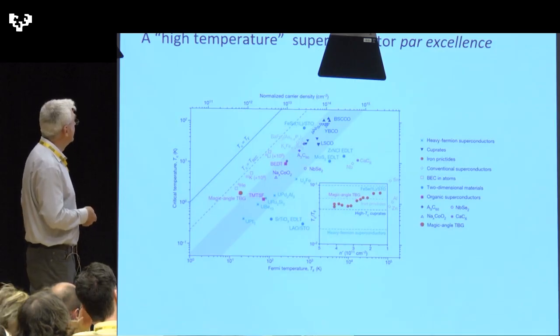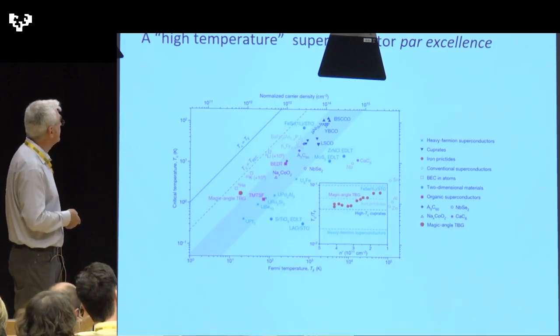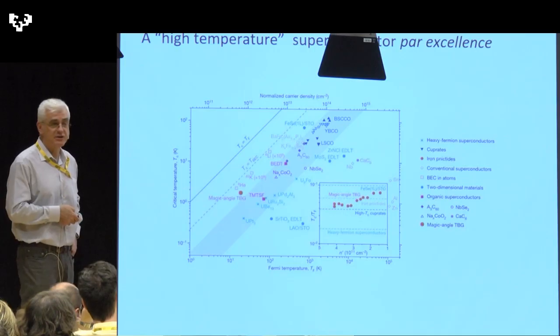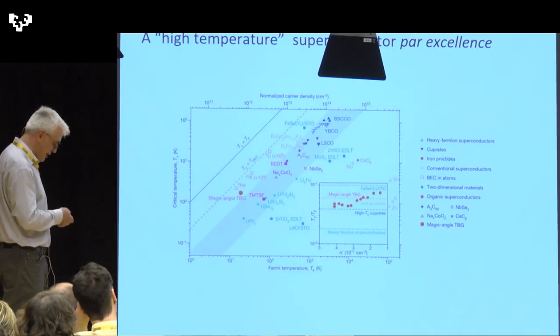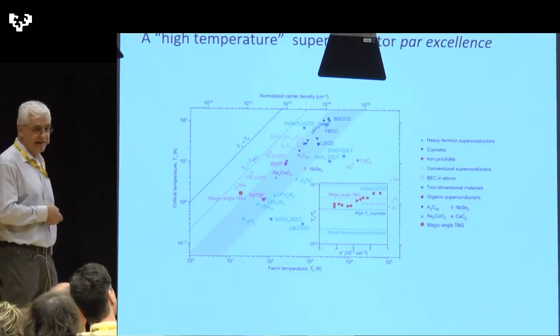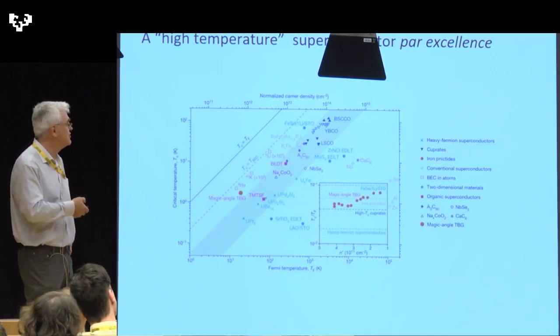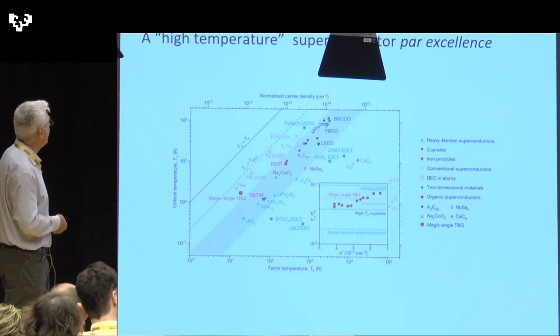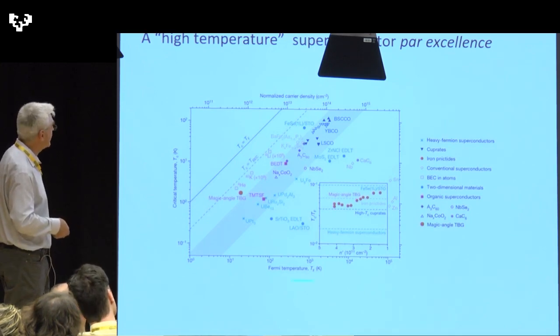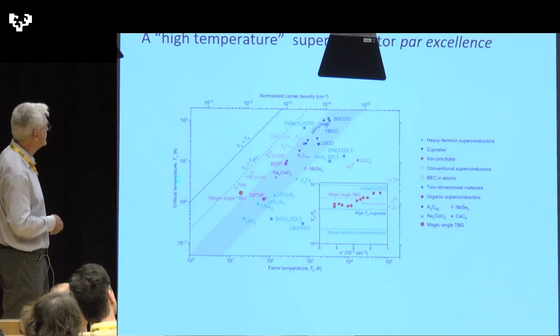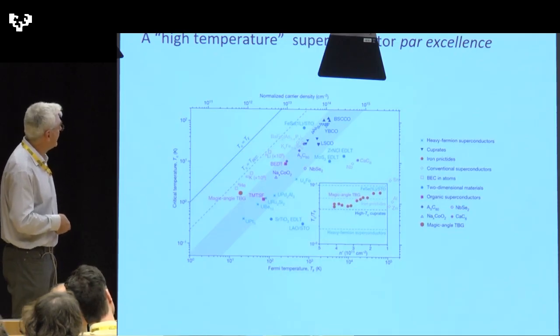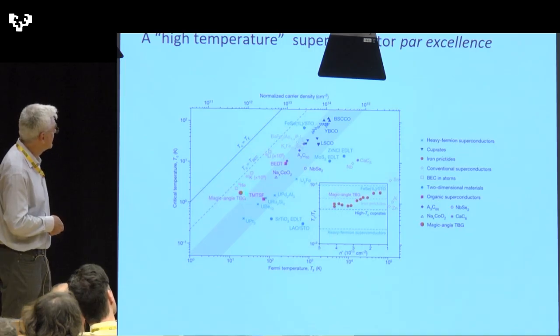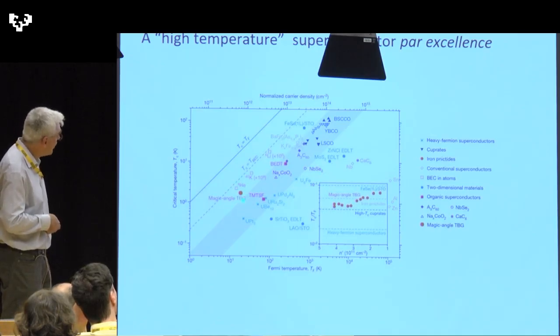In fact, not only is it a superconductor, but it is a high temperature superconductor par excellence. What we mean by this is that if you scale the system's features appropriately, that is, if you scale by the Fermi temperature, so the horizontal axis is the Fermi temperature and the vertical axis is the critical temperature, you find that for this system, which is shown here by this bright red dot, the critical temperature as a fraction of the Fermi temperature is quite high.